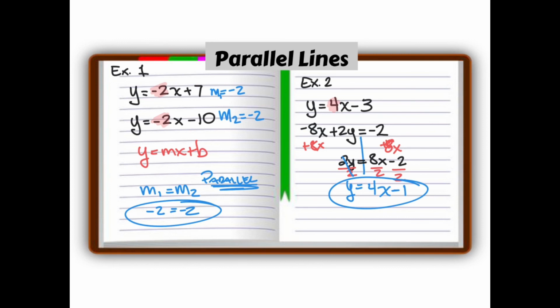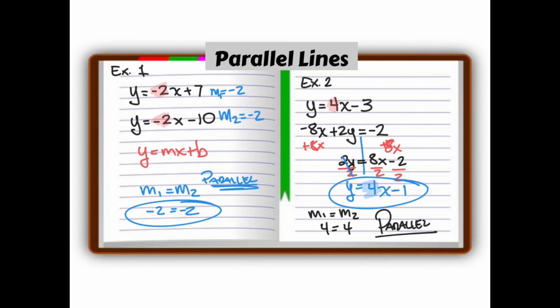So what I did first was take my equation and solve for y. Now my equation looks like y equals mx plus b, and I can tell that the slope of the second equation is 4. The slope of the first one is 4, the slope of the second one is 4. So M1 equals M2, 4 equals 4. So yes, these two are parallel.